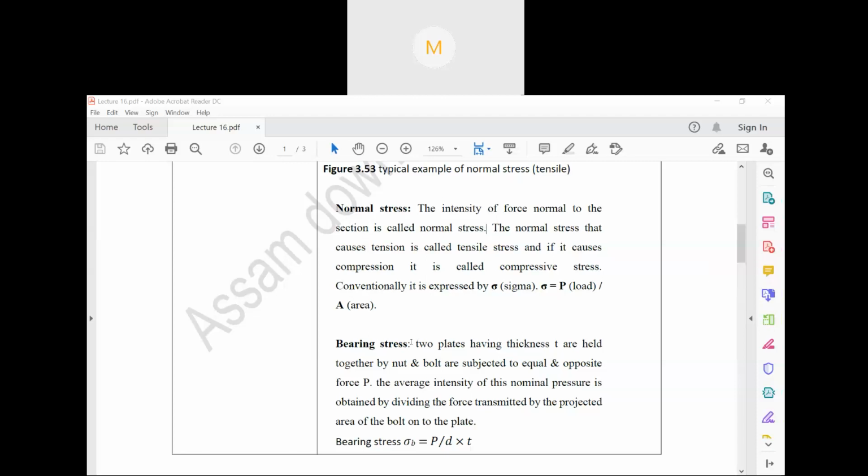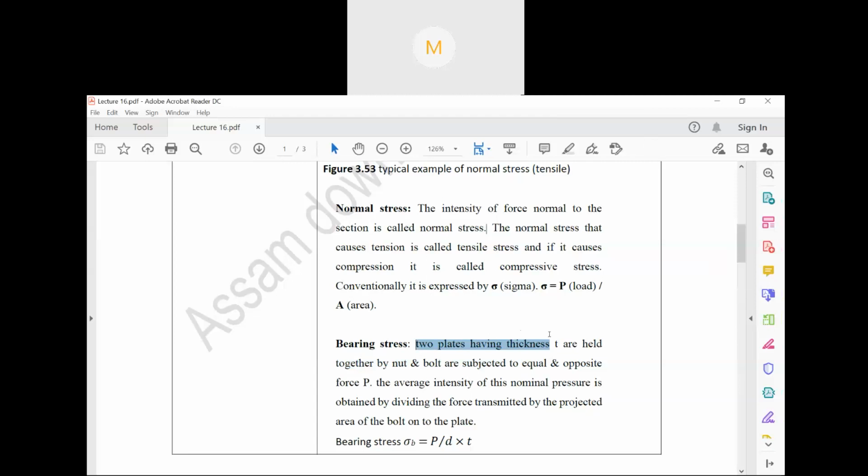Suppose two plates of thickness T are held together by nut and bolt. Two plates having thickness T are held together by nut and bolt.